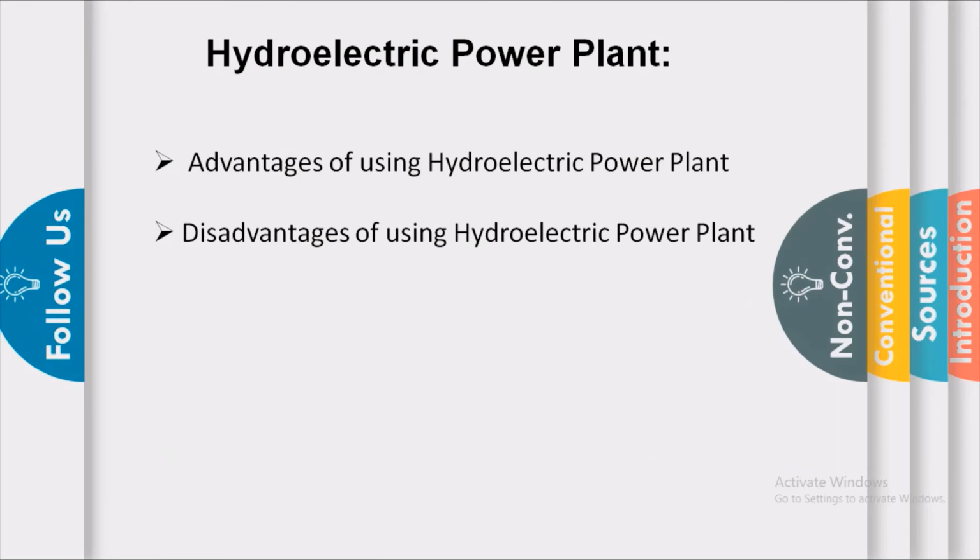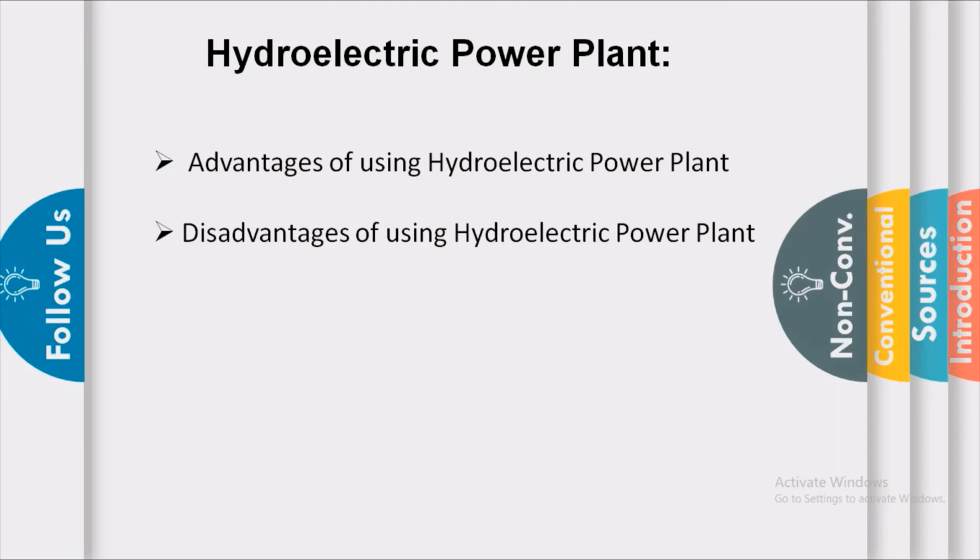Let us discuss disadvantages of using a hydroelectric power plant also. The first disadvantage is that dams can only be constructed in a specific number of places like hilly terrains. Then a large area of agricultural and human land is submerged under water. Then vegetation which is submerged under water rots in anaerobic conditions, which leads to generation of a huge amount of methane.